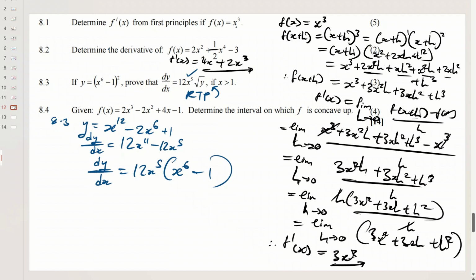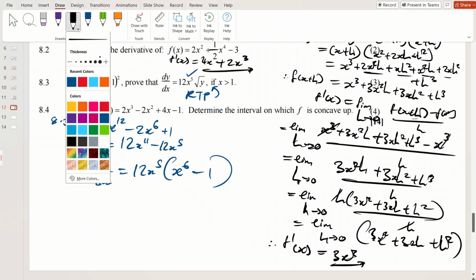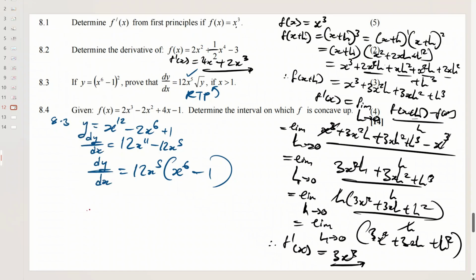That's very simple, guys. What they did is that from our original function, let me show you. Our original function is y, so that this makes sense. But y is equal to x to the 6 minus 1, squared.